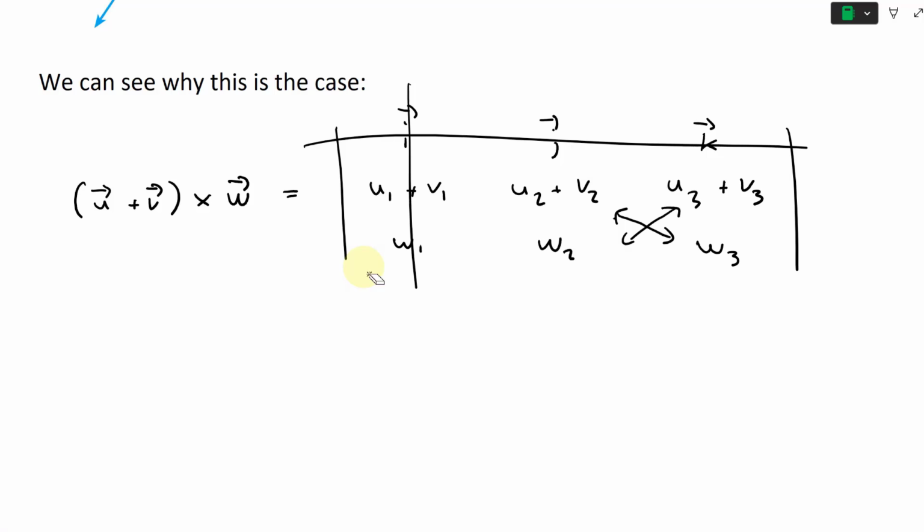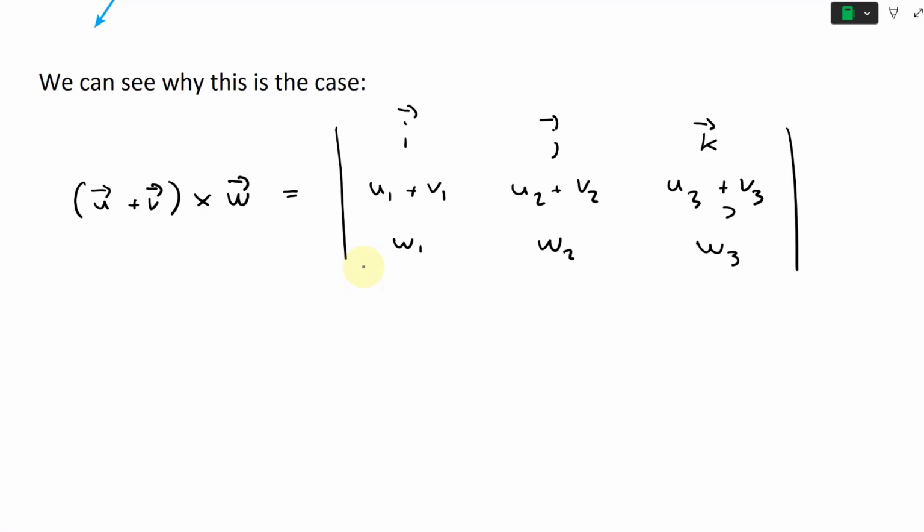Each time we're multiplying u2 plus v2 with w3, so we could multiply this by itself, and then this afterwards when we expand it out. So we're doing pretty much a cross product twice, but we're adding those up.